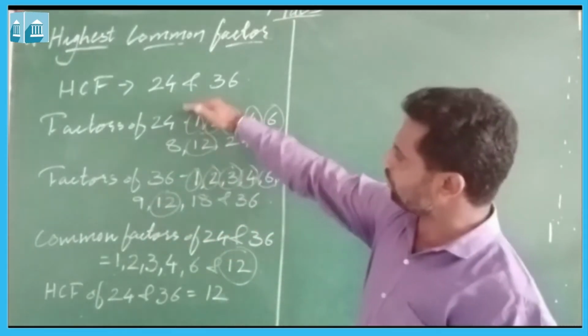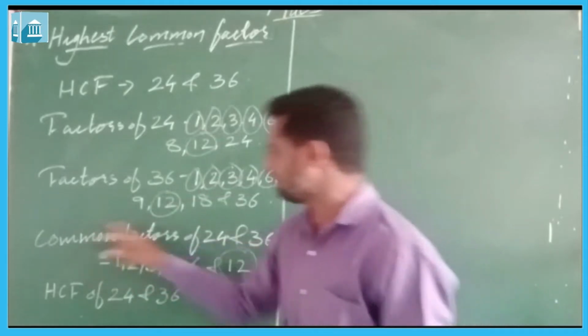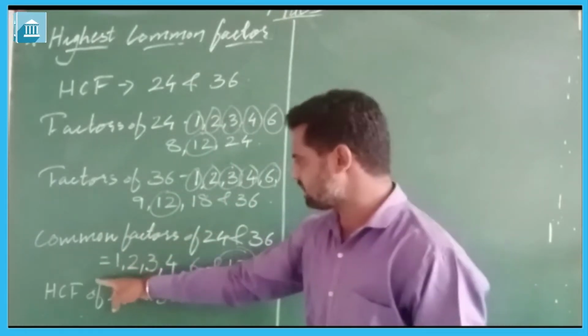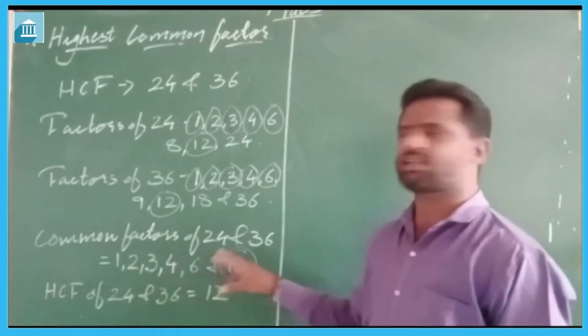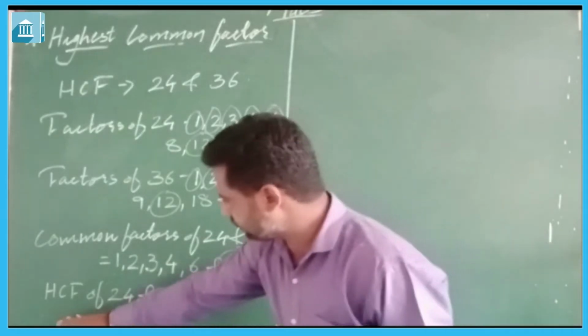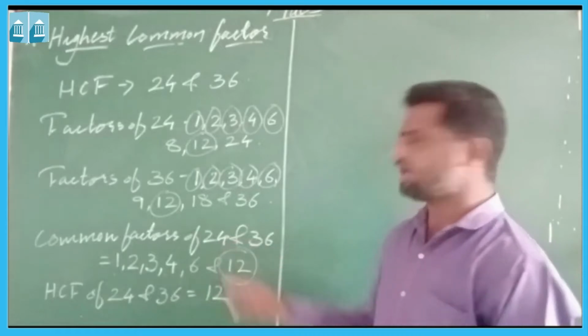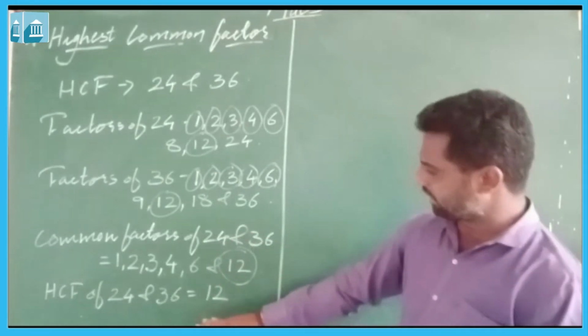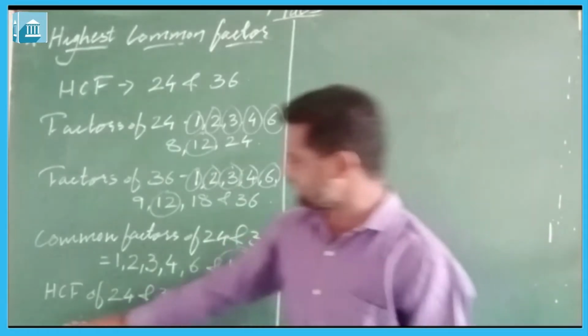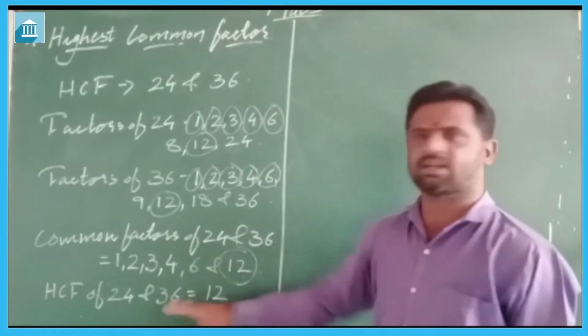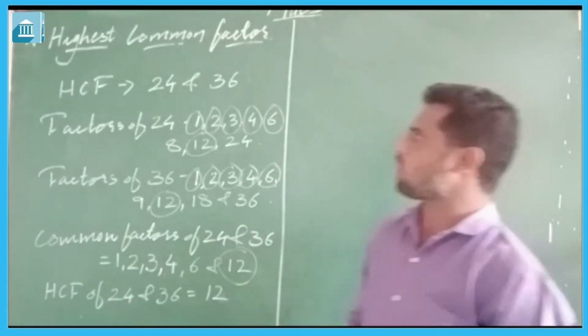Now from both these we find the common factors, that is 1, 2, 3, 4, 6 and 12, and from these we find the highest, meaning greatest. So it is 12, and so the HCF of 24 and 36 is 12.